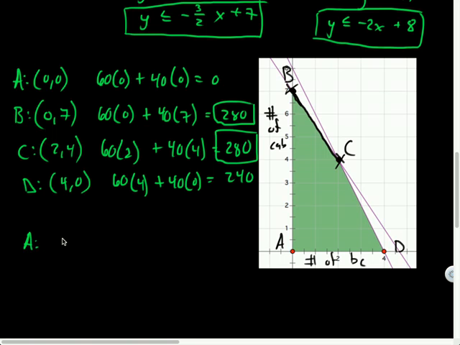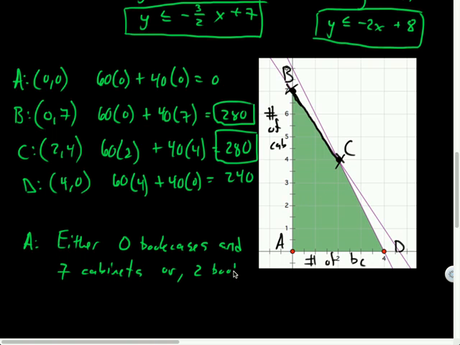So you'd answer either 0 bookcases and 7 cabinets, or 2 bookcases and 4 cabinets.